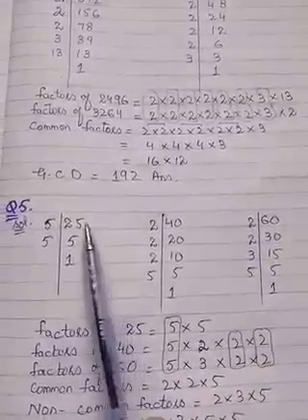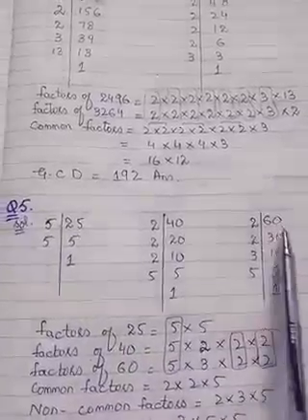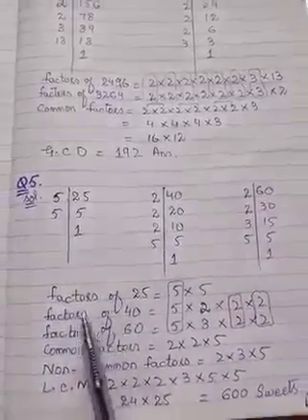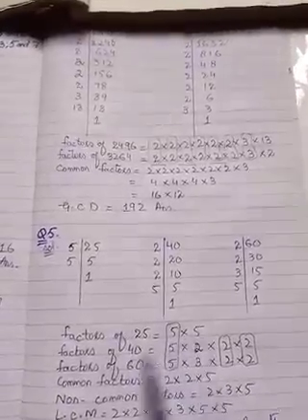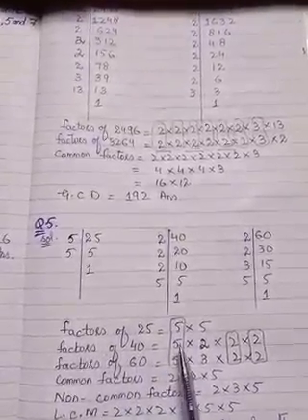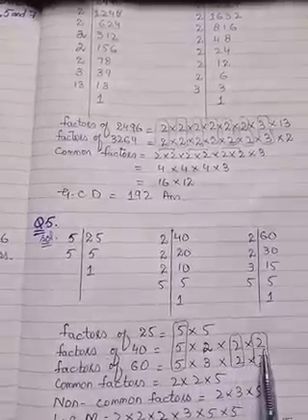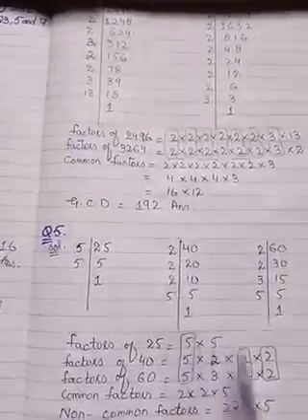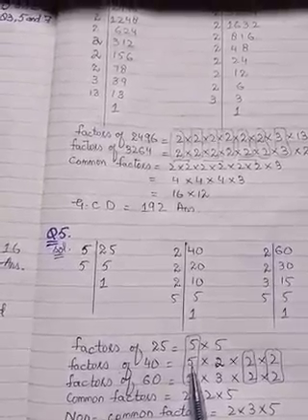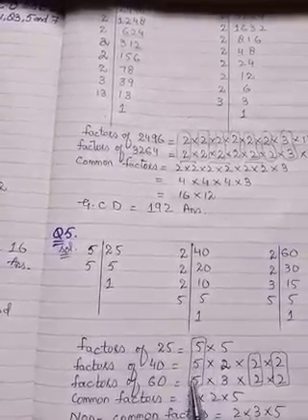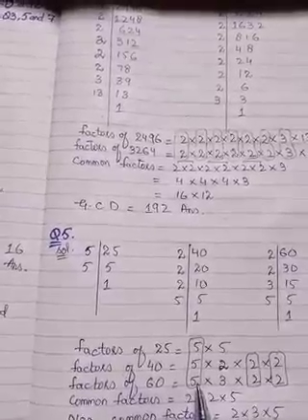So I will take the LCM of 25, 40 and 60 in the same way and get the factors of 25, that is 5 multiplied by 5. The factors of 40 are 5 multiplied by 2 multiplied by 2 multiplied by 2, 3 times 2 and 1 time 5. Why do I write 5 first? So that I can make the pair of 5 easily.